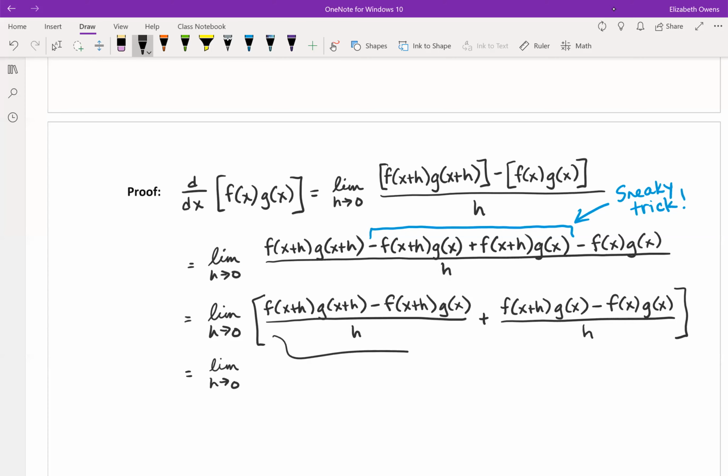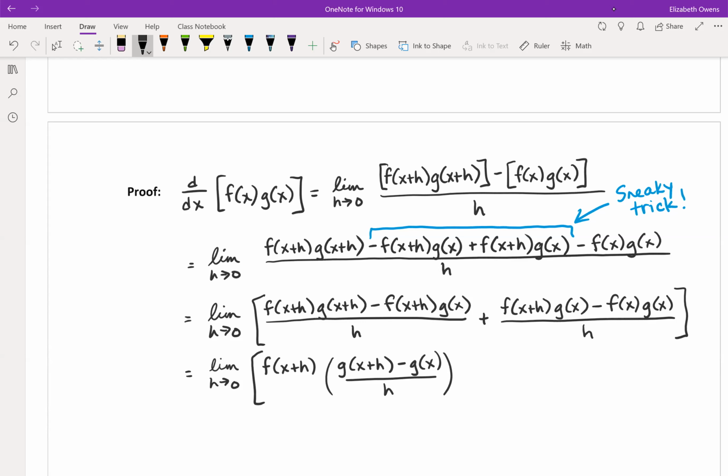In the first expression, we have f of x plus h that we can factor out in the numerator. F of x plus h times g of x plus h minus g of x, all over h. I'll put this in parentheses there.